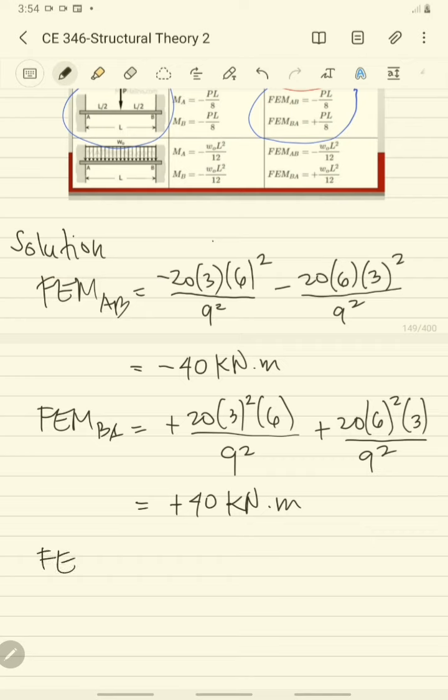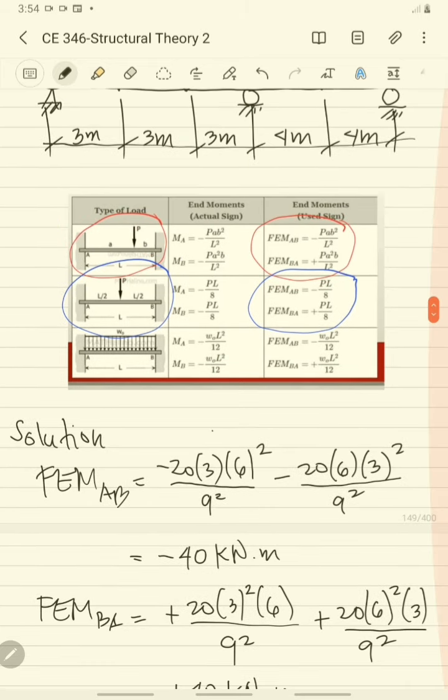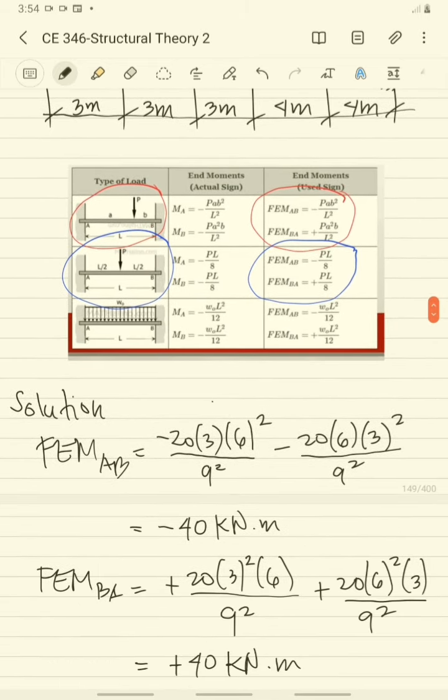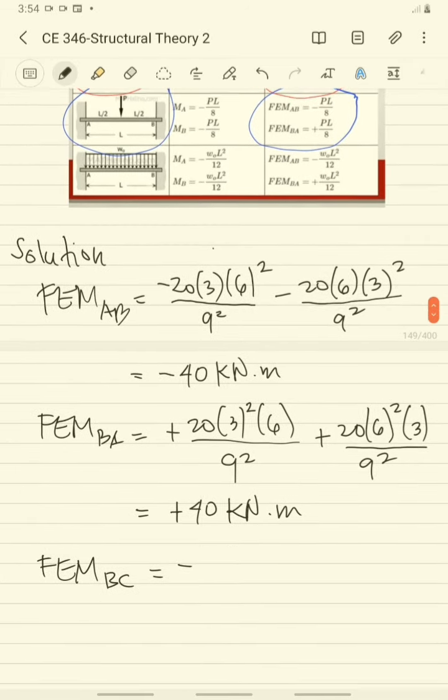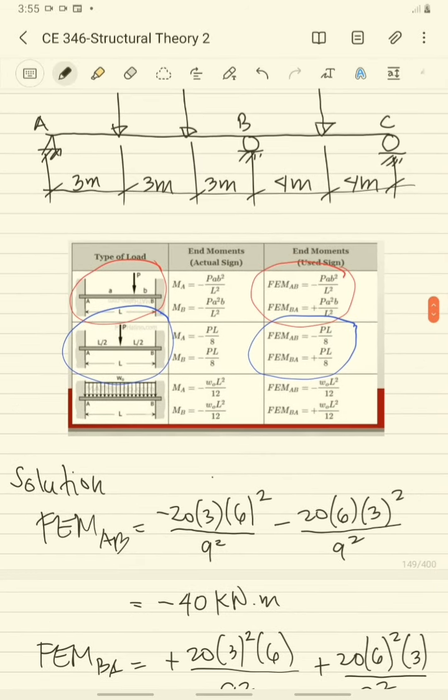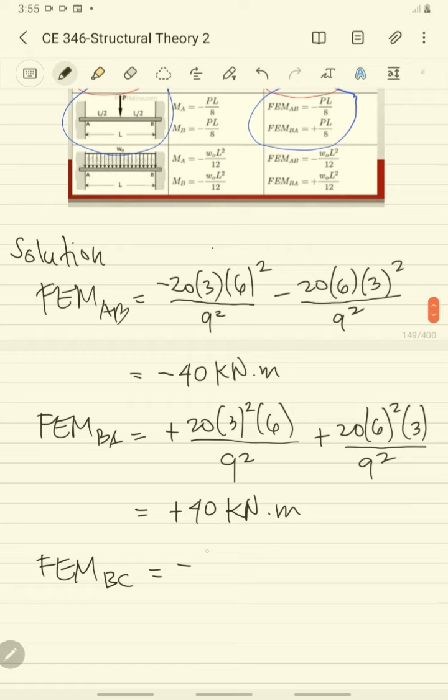P is 60, the concentrated load, and the length is 8. So we have 60 times 8 divided by 8. The answer is negative 60 kilonewton meter.